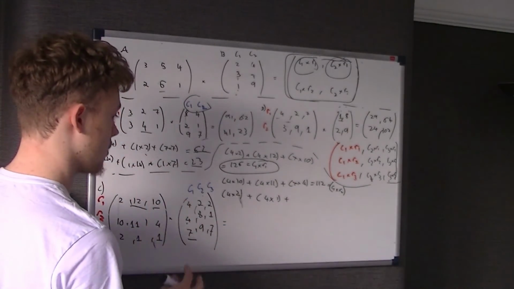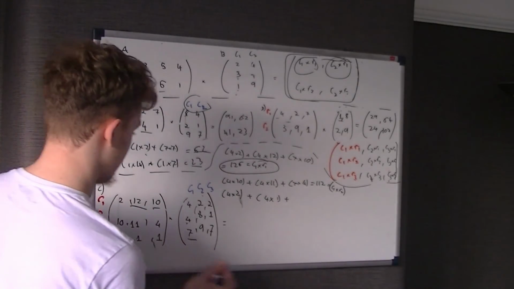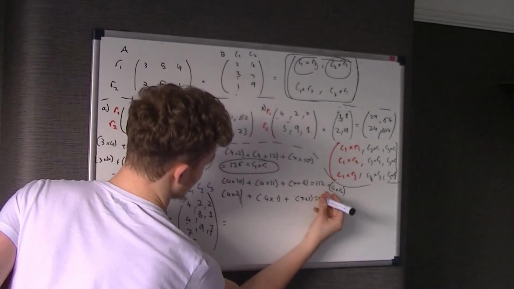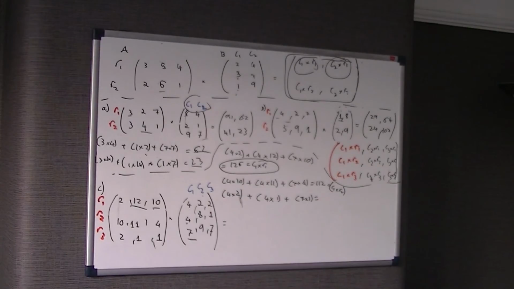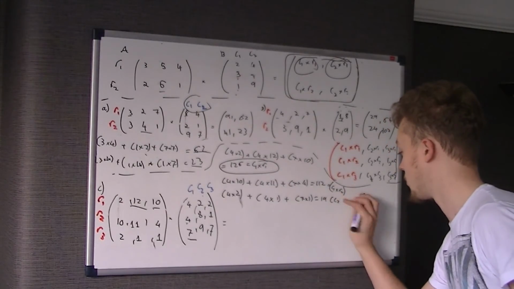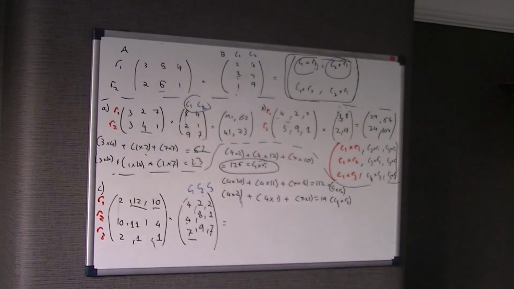So it's 4 times 2 plus 4 times 1 plus 7 times 1, so it's 8 plus 4 plus 7, which is obviously 19. And that is equal to column 1 times row 3.